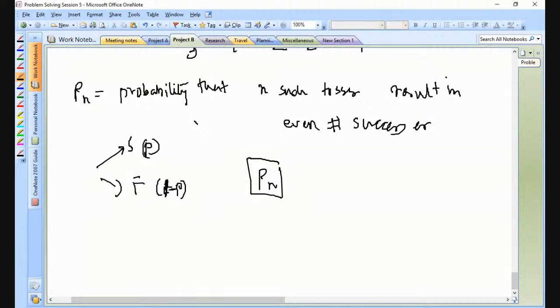So if we start with a failure, then there are Pn minus 1 terms. Then there are terms which you have to subtract. Like if it starts with a success, then the other part will always be success. It starts with success, then it goes success only.